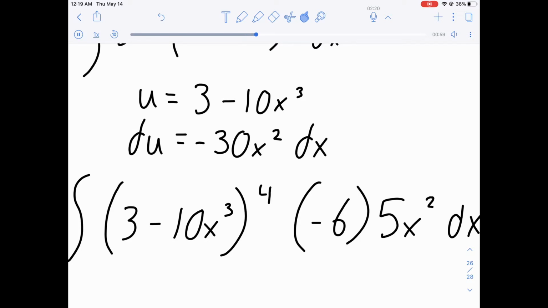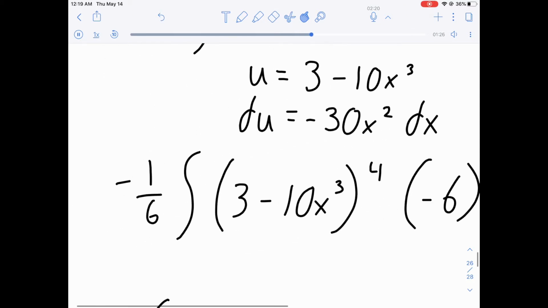But we're now going to look to see what in that function can we use to equal our du of negative 30x squared. And that's going to be the 5x squared. So what times the 5x squared is going to equal negative 30x squared? And that's obviously going to be negative 6. And so we're going to move a negative 6 over to the left to balance it out, or sorry, a negative 1 over 6 to balance it out.